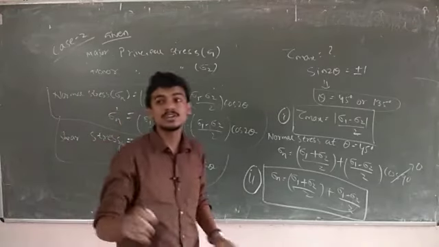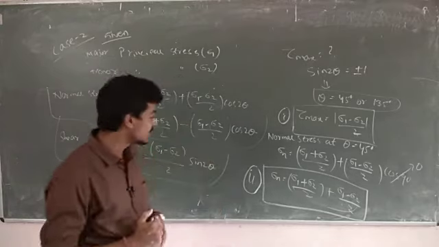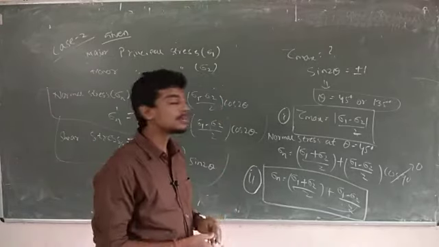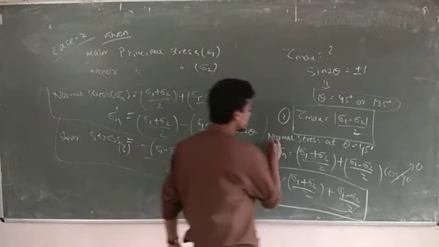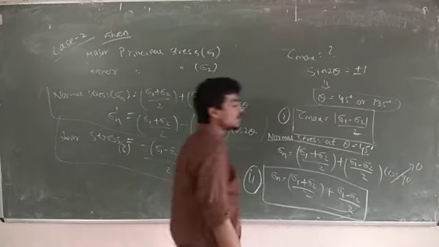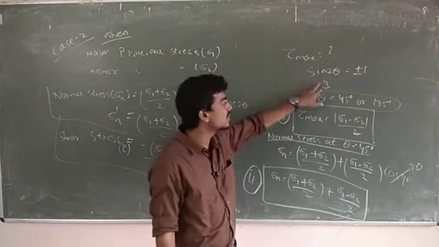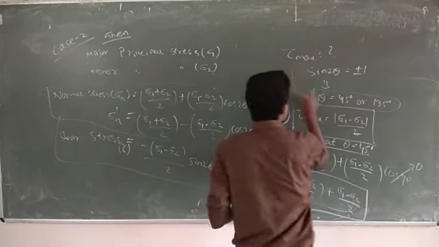If someone asks you to find the maximum shear stress, then use the formula sigma 1 minus sigma 2 by 2. If someone asks you to find the normal stress at theta equal to 45, or at the maximum shear stress plane, note that maximum shear stress occurs at theta equal to 45 degrees. Yes or no?